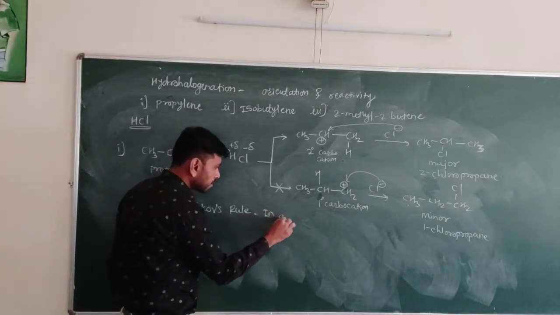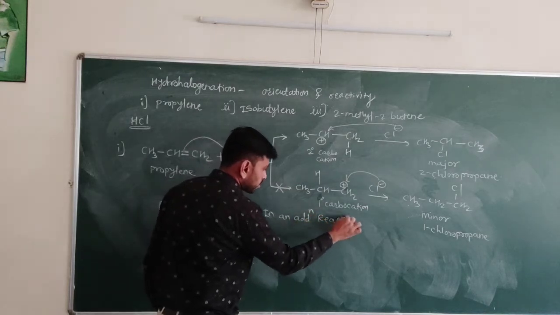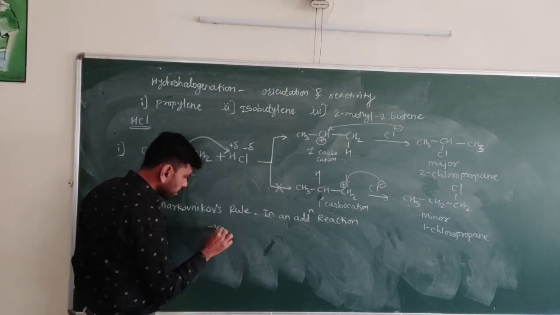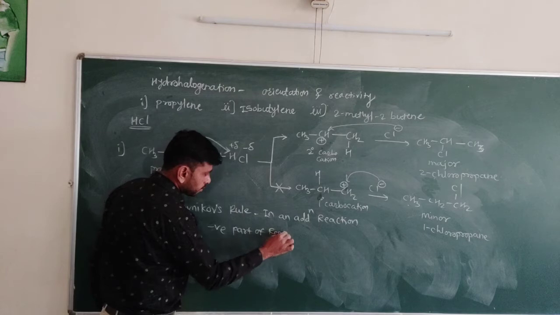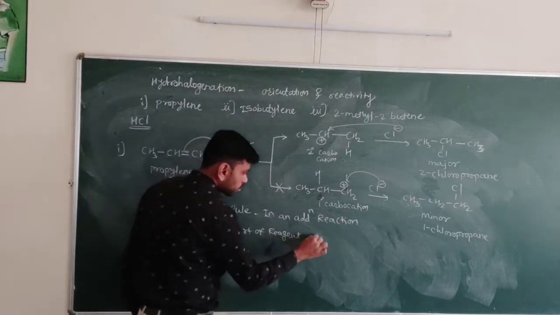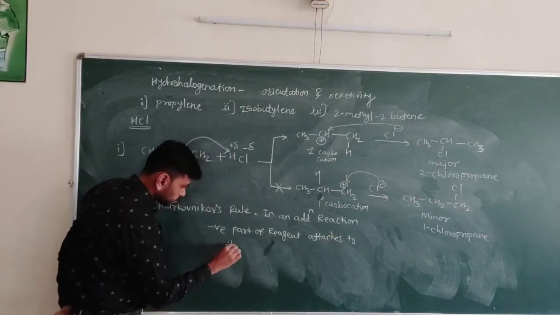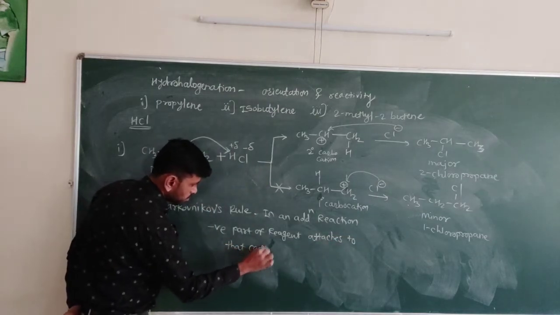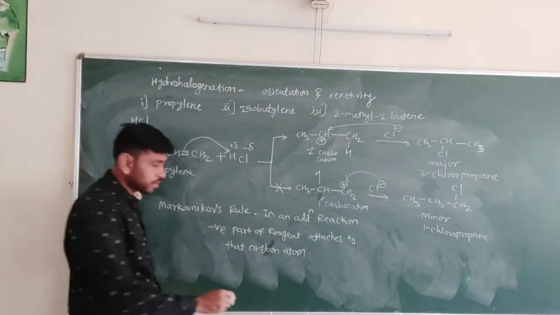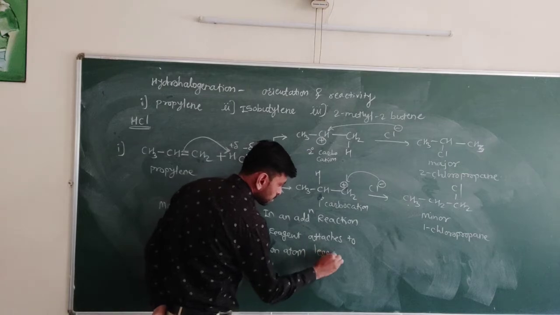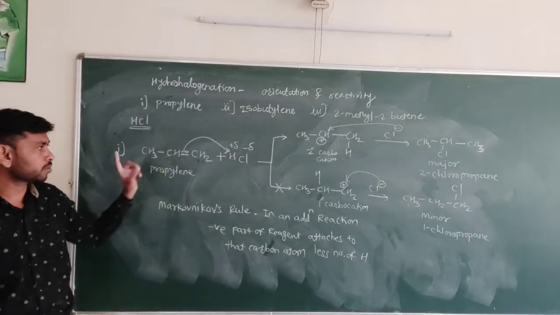In an addition reaction, the negative part of the reagent attaches to that carbon atom which has less number of hydrogens.